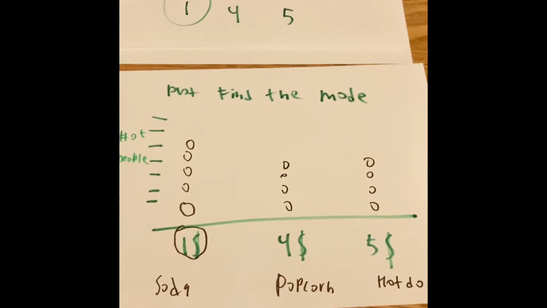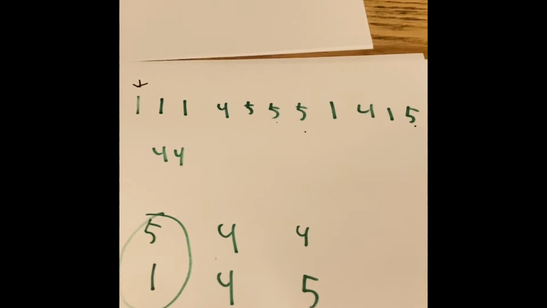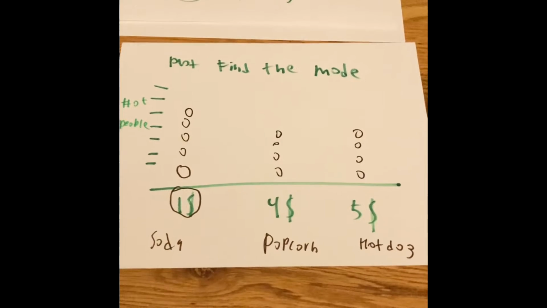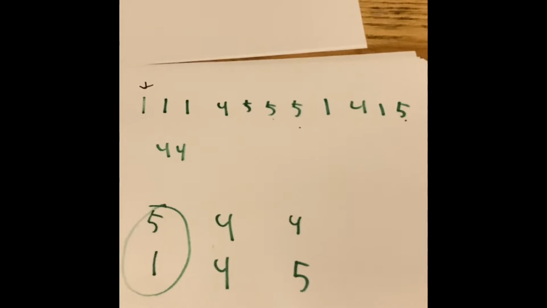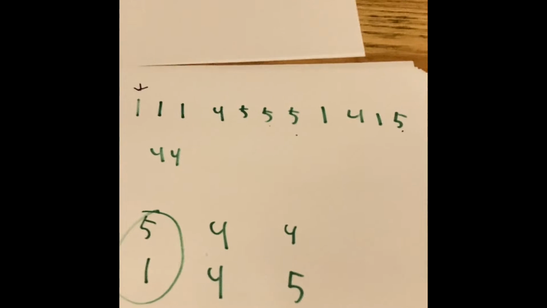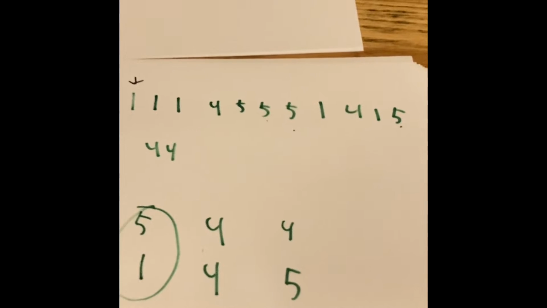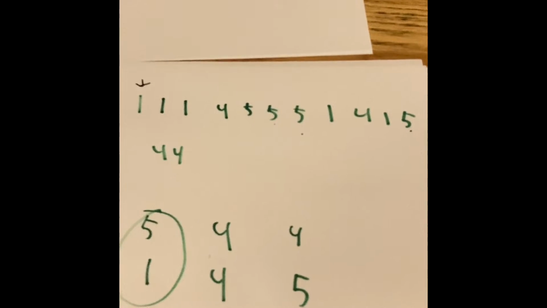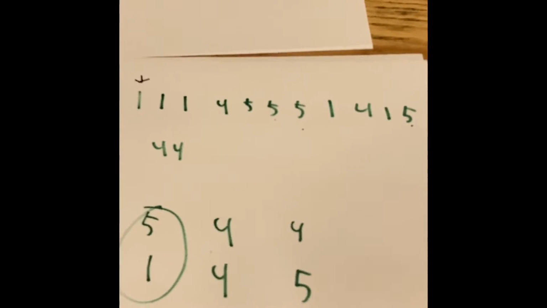That is another way we can find the mode, because putting them in order from lowest value to highest value will take some time, then trying to find what number appears the most. So that is how we can find the mode.